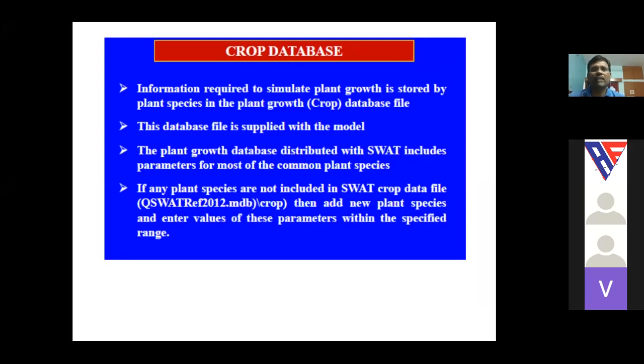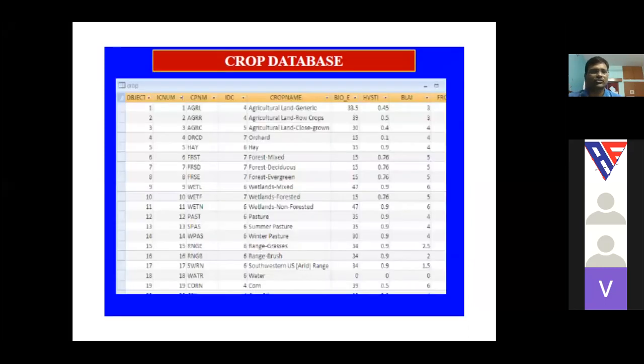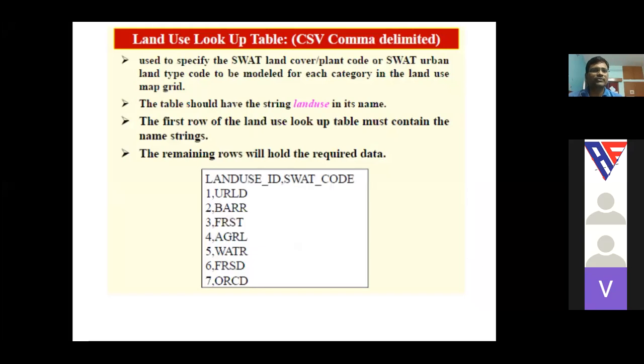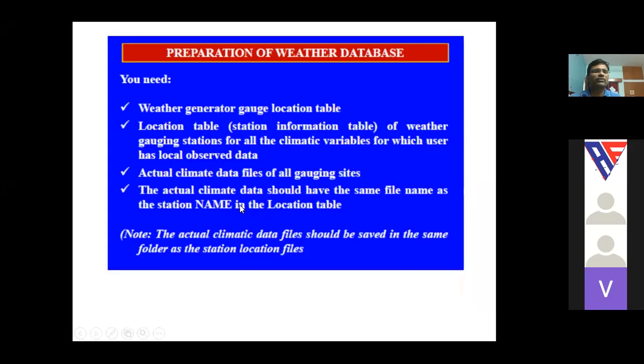Then if anyone is working on crop related things, or nitrogen, fertilizer or pesticide related work, they have to be careful about the crop related parameters, in case of the land use. So this is very important. I will show you all this during the demonstration.